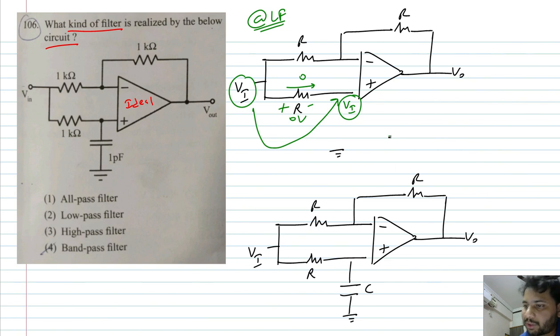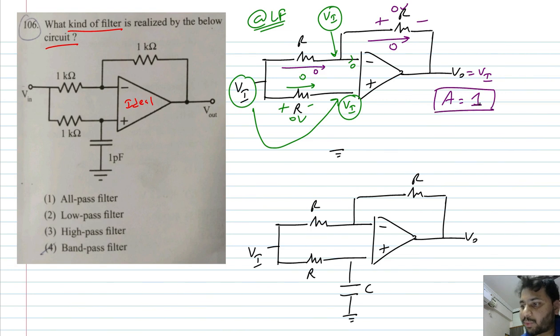Now, from virtual short, V minus will also be VI. Again, this current is 0, even this current is 0. Because these two currents are 0, even this current will be 0 and the drop will be 0. So V naught equals VI. So what is the gain at low frequency? It is 1, in fact plus 1.